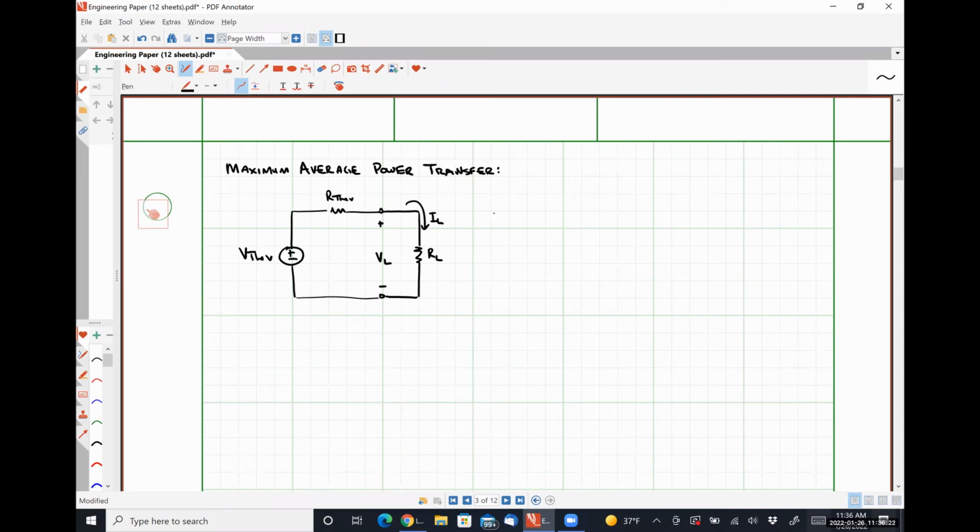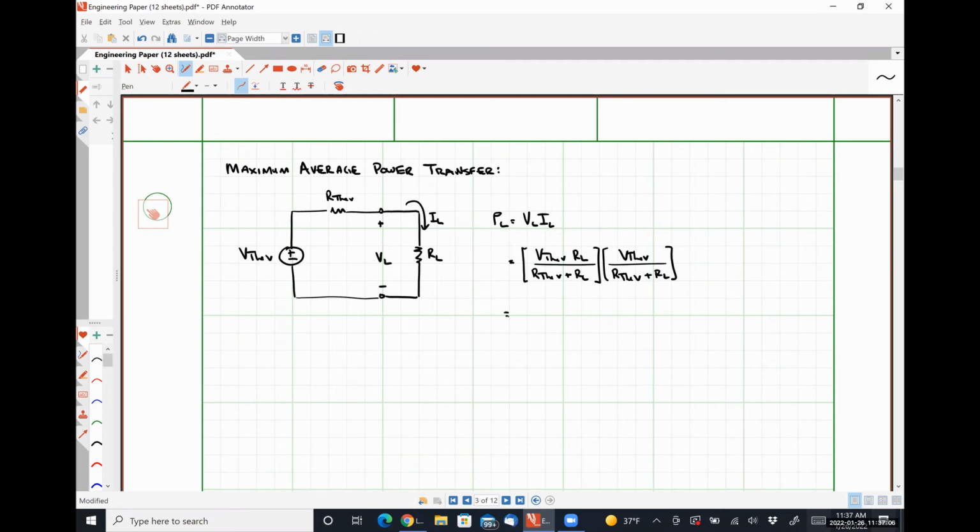The power absorbed by our load was simply VL times IL, which was nothing more than V Thevenin times RL divided by R Thevenin plus RL. So that's just me using voltage division to get the voltage drop over my load resistor. And the current flowing through my load resistor is just V Thevenin over R Thevenin plus RL.